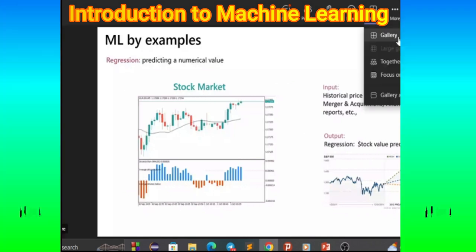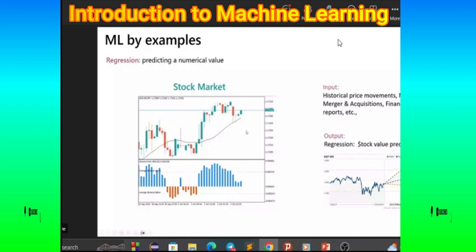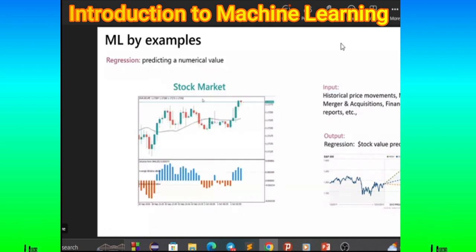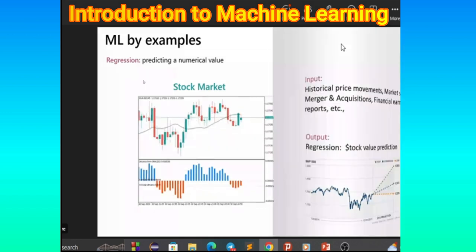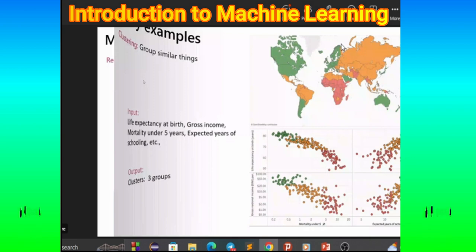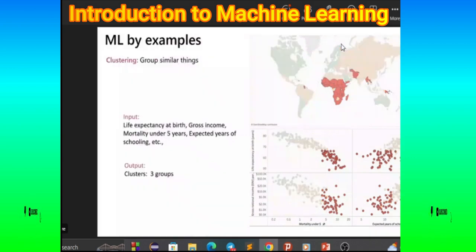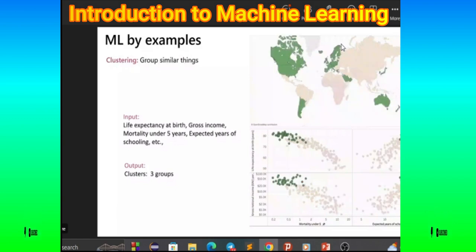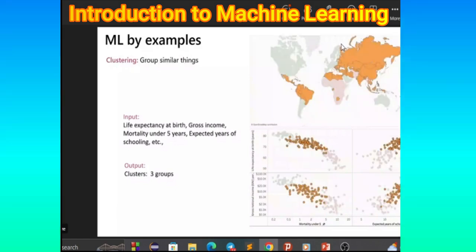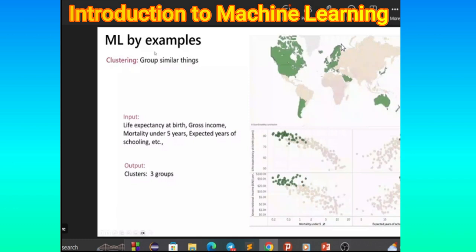Another example is clustering, which is grouping similar things together. This is one of the unsupervised algorithms that group similar objects together. So you can see the colors are the groupings, right? You have these colors that distinguish between different groups.